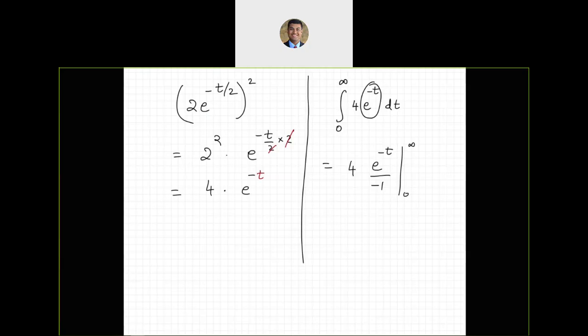So it will be 4 times e to the negative infinity divided by negative 1, minus e to the negative 0 divided by minus 1, right? So this will be 4 times 0, you see this, plus 1, right?